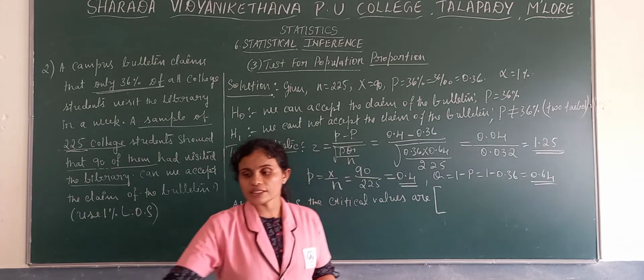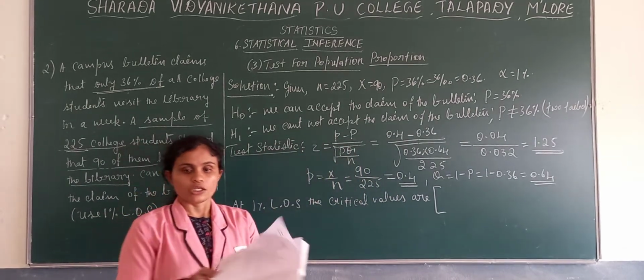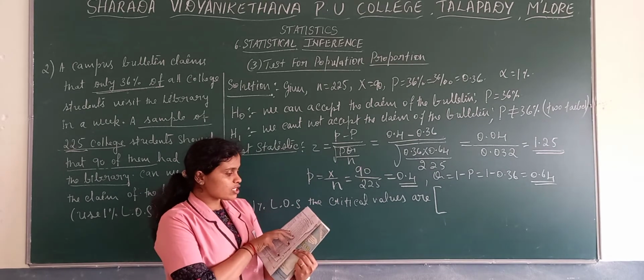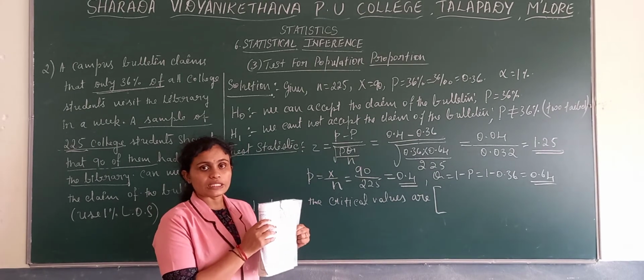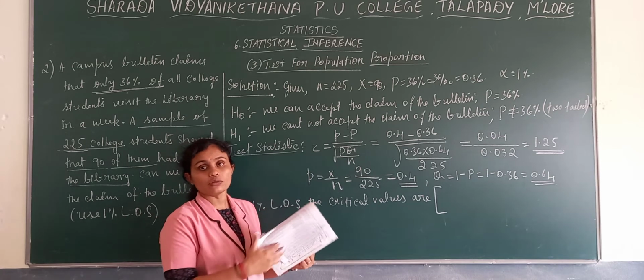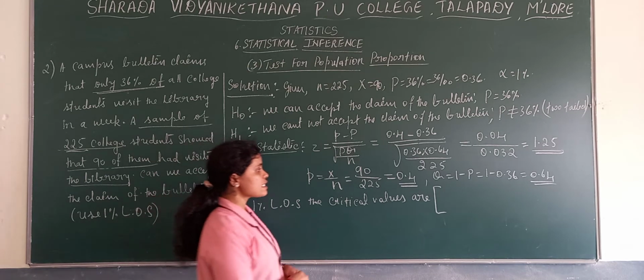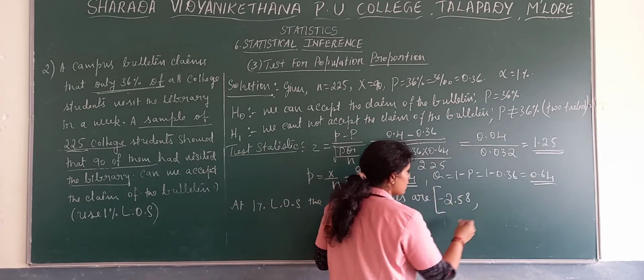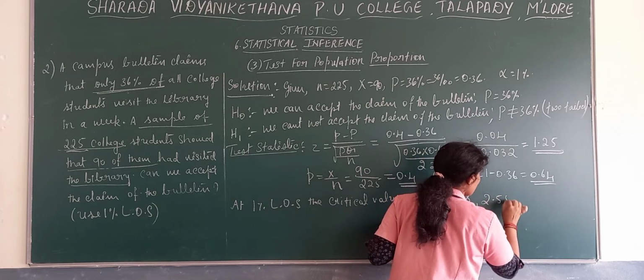When you check the critical value from the table, you get 2.58. Here, page number 431, check the table, two-tailed test, 1%, you have the value 2.58. Since it is a two-tailed test, we need to take minus 2.58 and positive 2.58.